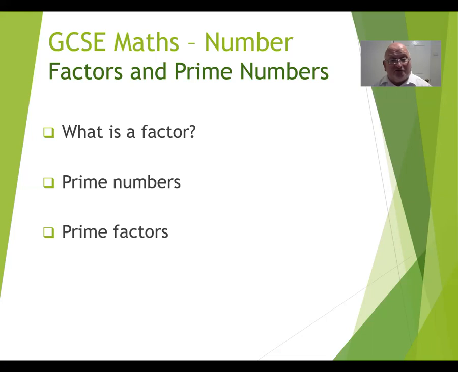But 4 itself has 2 factors, 2 and 2. So 12 is 2 times 2 times 3. And you can use prime factors to work out lowest common multiples and highest common factors. Lowest common multiples are particularly useful when you work with fractions, which we haven't come on to yet. But the prime factors are useful for working out both of those things. And again, I'm not going to give any more details now.